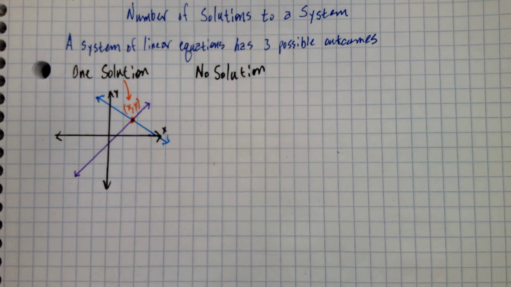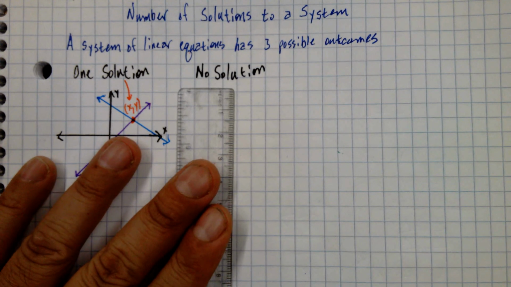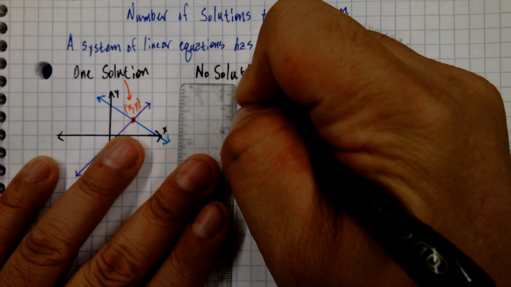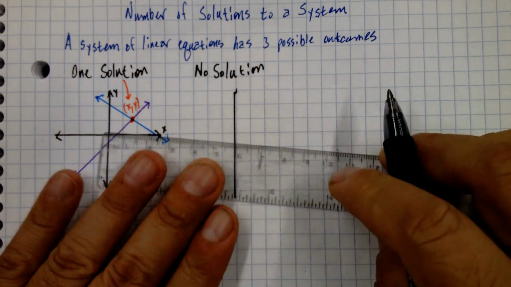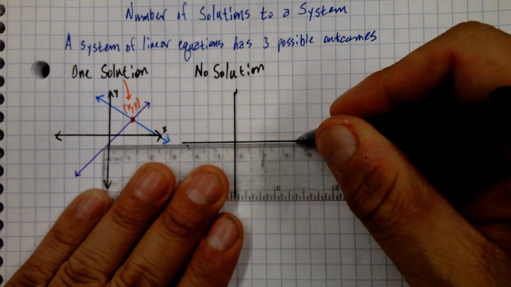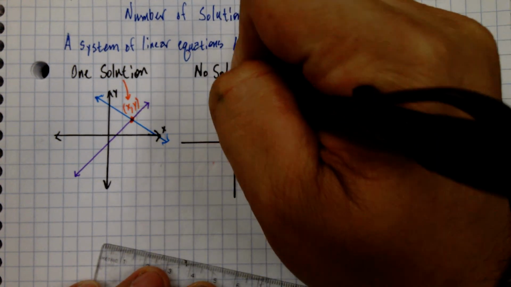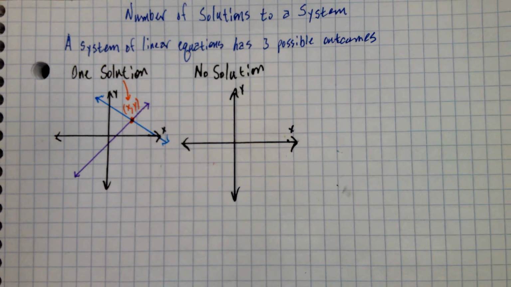So let's graph what that looks like. Does anyone recall what I'm going to graph next?